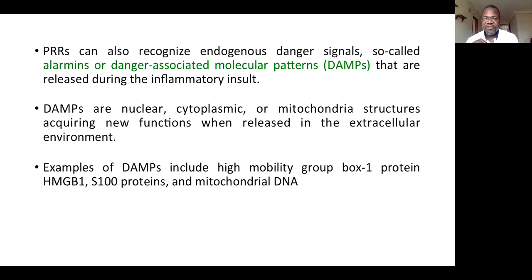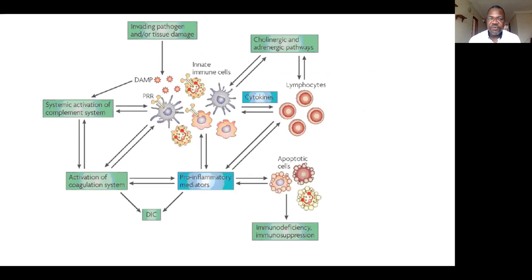So your immune cells can also recognize the DAMPs, and then there will be a response. When your body is invaded with a pathogenic bacteria, they will release the DAMPs, and your host immune cells will recognize those signals.